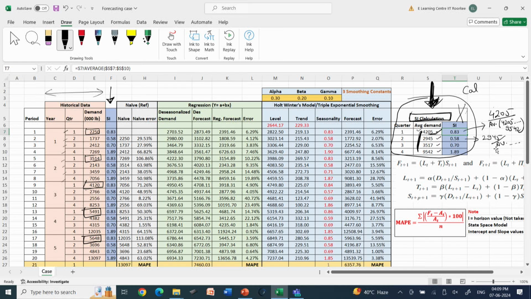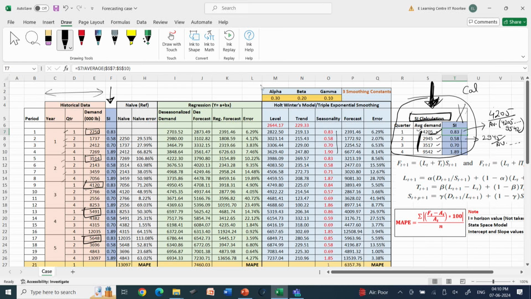So, you can see that because of the seasonal impact, demand of quarter 4 is almost double the average demand of all the quarters, but in quarters 1, 2, 3 the demand is relatively low. It goes very low in quarter 2 and it jumps significantly in quarter 4. So, these are the initial seasonal indices which we have put here.